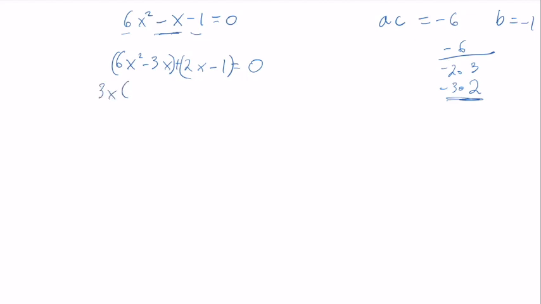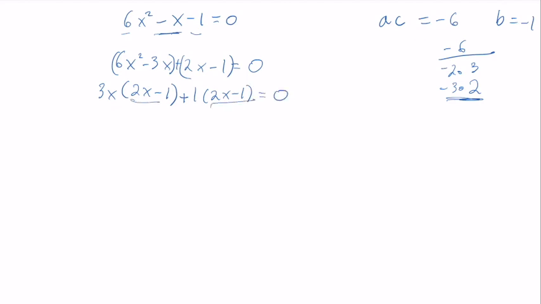So 3x times 2x minus 1. And then over here I have a 2x minus 1. And the greatest common factor of 2x and a minus 1 is going to be a positive 1, right? Even if the greatest common factor is 1, we still have to take that factor out.